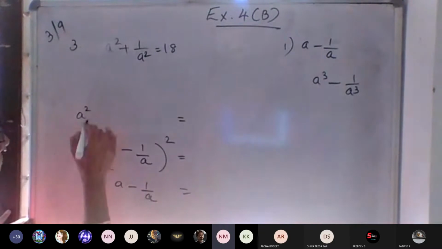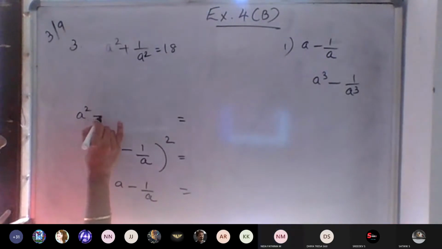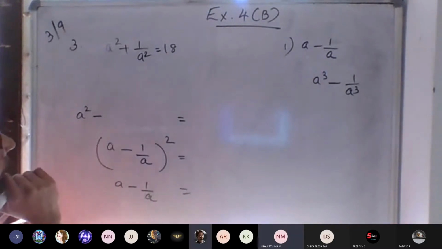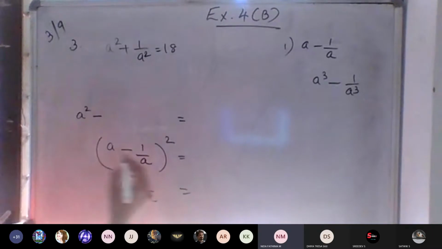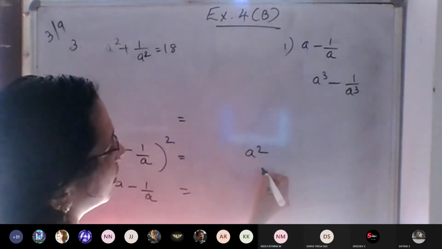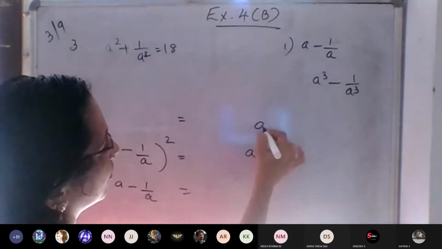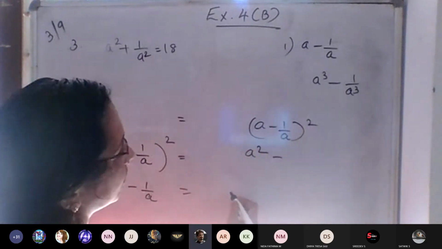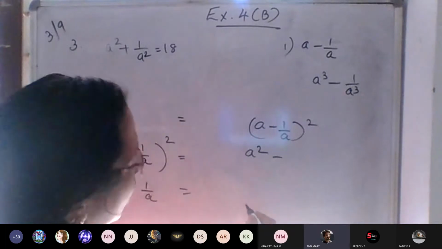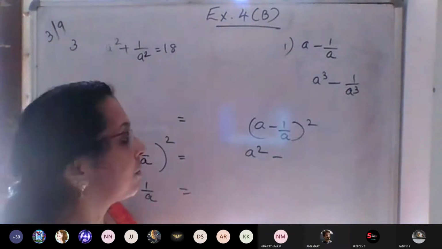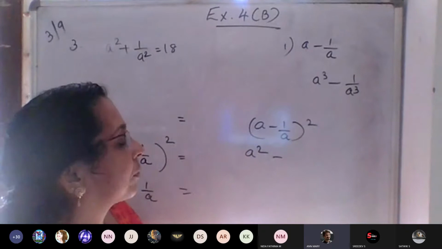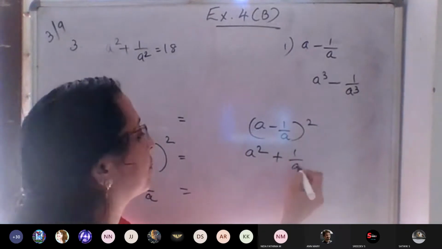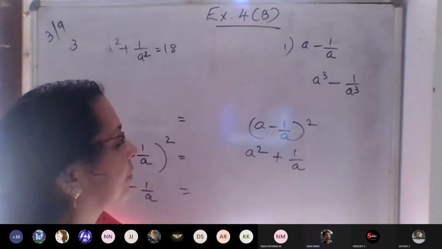A square plus 1 by a square minus 2. You should study the formula.